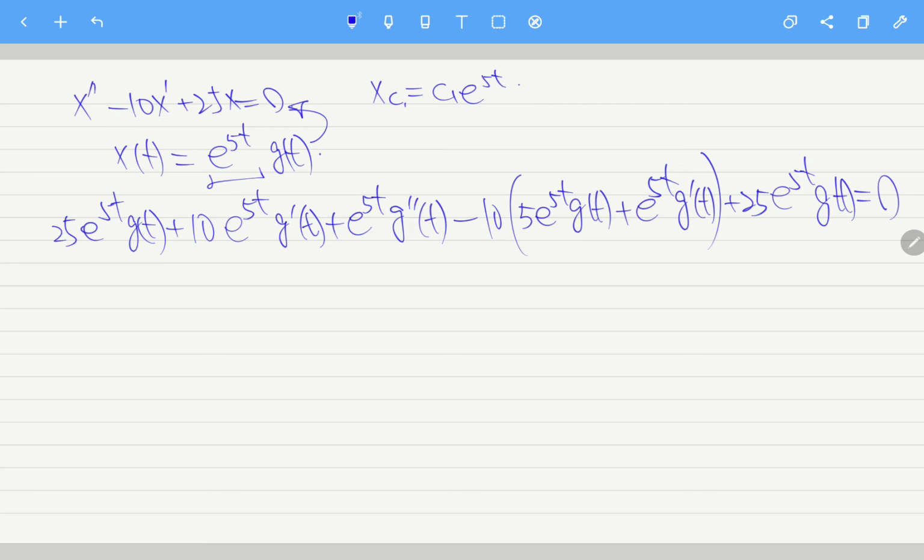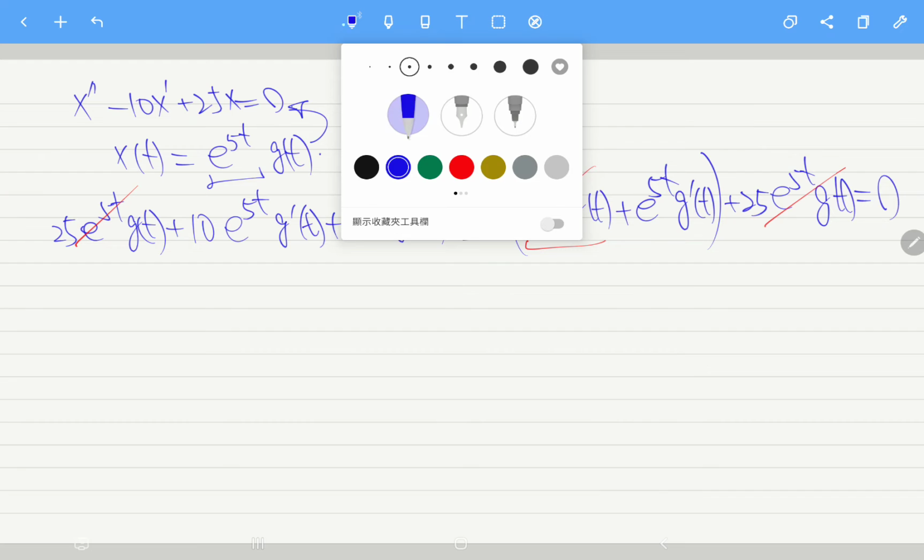Okay, so let us do some cancellation. Negative 10 times this one is negative 50 exponential to 5t g of t. So here we have 25, we have another 25. So this one and this one can be cancelled. And then we can just collect the other terms.